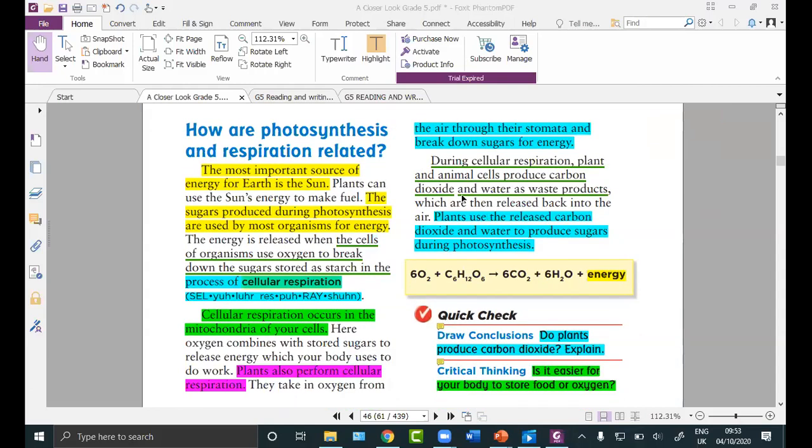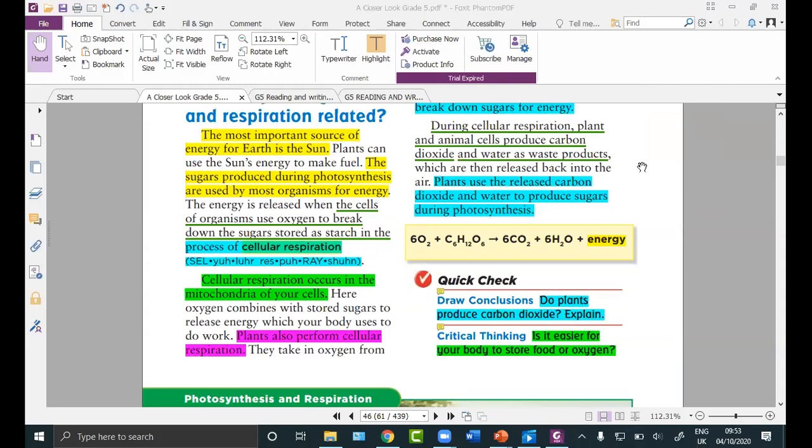Okay, during cellular respiration, the plant and animal cells produce carbon dioxide and water as waste products, which are then released back into the air.